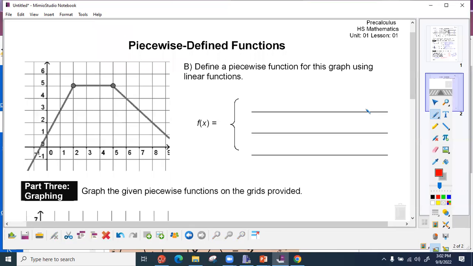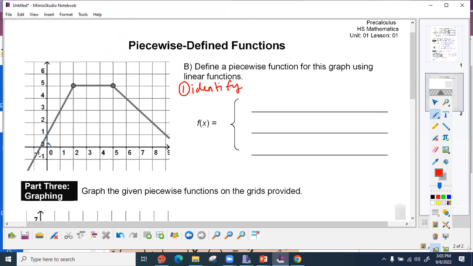Now, this time, instead of having a word problem to write the piecewise from, we have a graph to write the piecewise from. Step one is you want to do a little bit of pre-work and identify the type of functions you have.